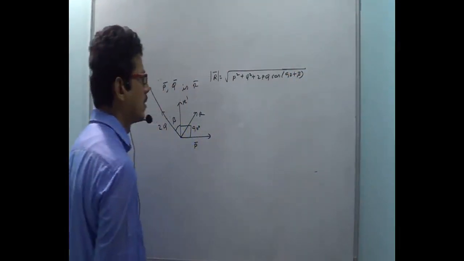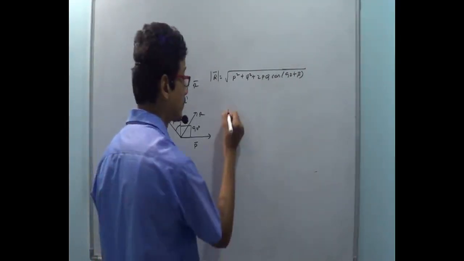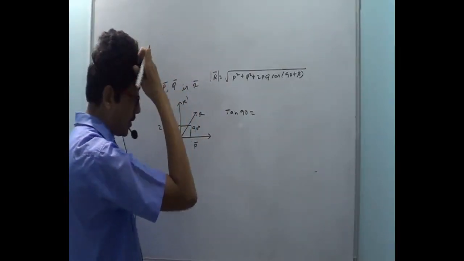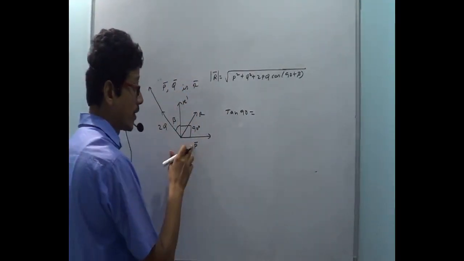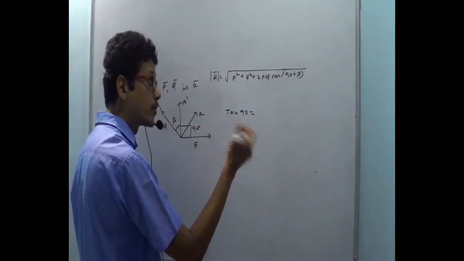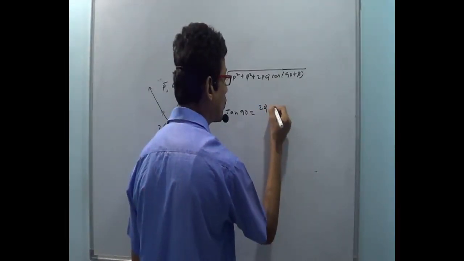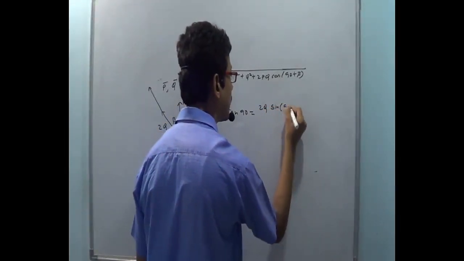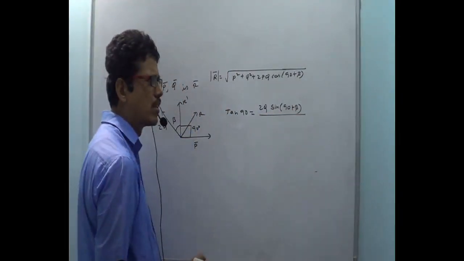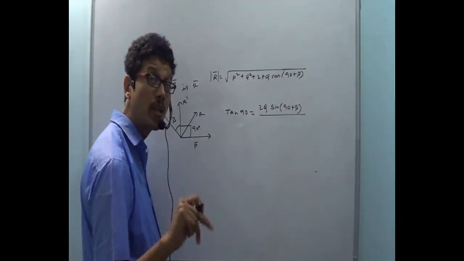What is this? So what is tan alpha? Tan 90. This is the angle made by the resultant with vector p bar. So tan alpha is q sin theta by p plus q cos theta. Q means here 2q I have to write. 2q sin(90 plus beta) divided by, the formula is there, tan alpha formula, b sin theta by a plus b cos theta.